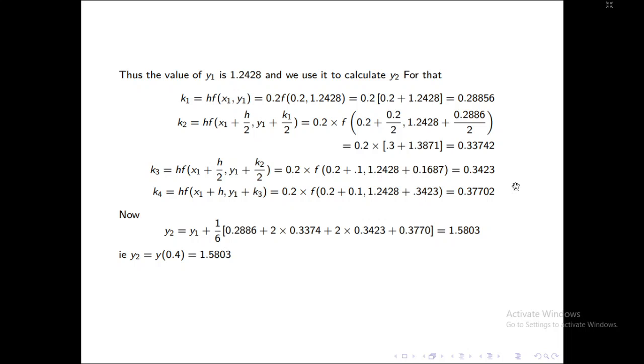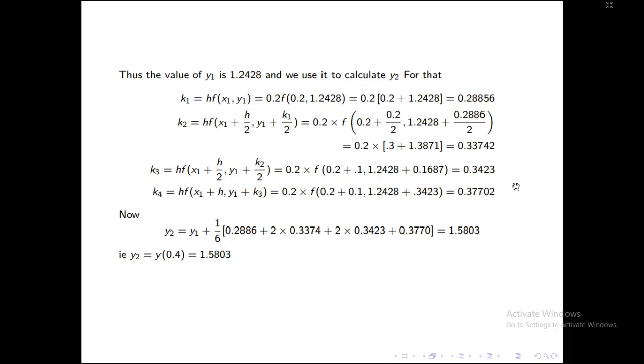So what we obtain is 0.2 into, the x value is 0.3, y value is 1.3871. So the value of k2 is obtained as 0.33742. It is rounded as 0.3374.